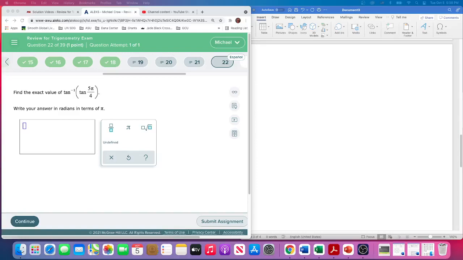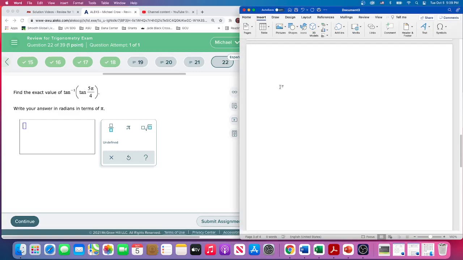So for 22, now this particular one, again, we're wanting to find the exact value, inverse tangent of the tangent of 5 pi over 4. Now, one of the things we have to keep in mind is what is the domain of the inverse tangent.